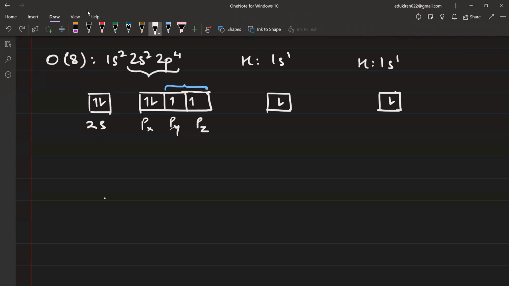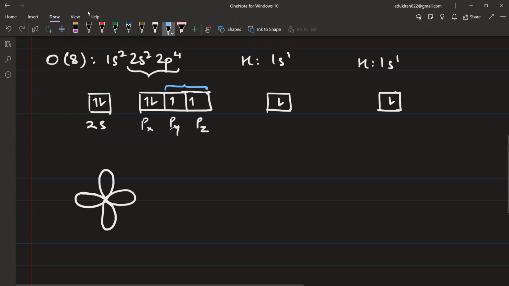So the Pz will be something like this, if I say that this is the Z axis, and this is going to be your Py. This is your Py. And this is your Pz.